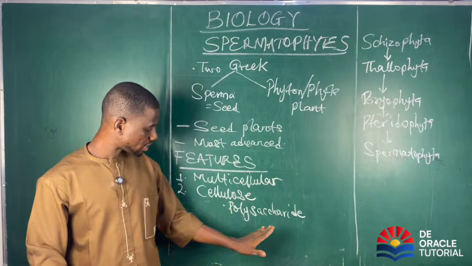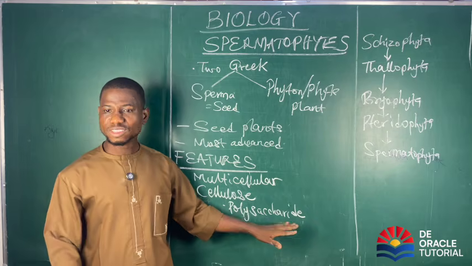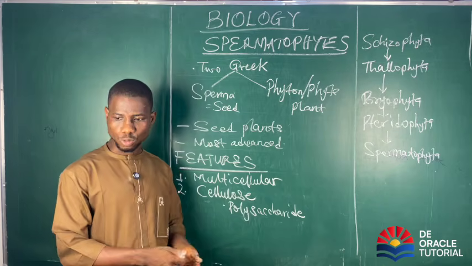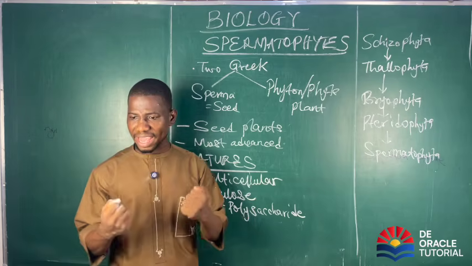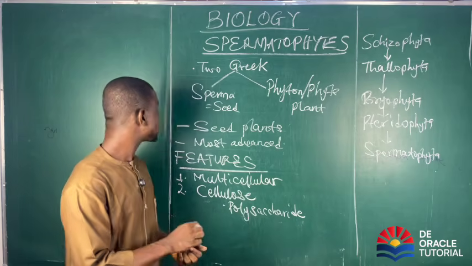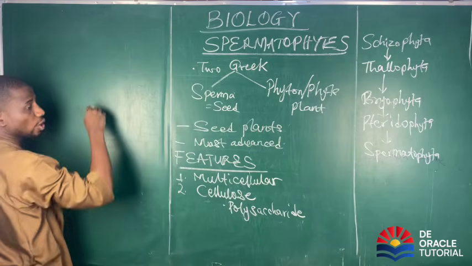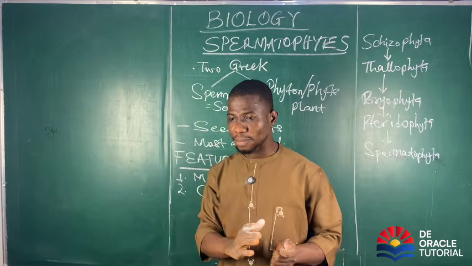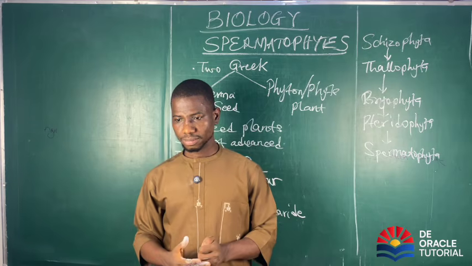Do you get me? So it is a polysaccharide, which means it contains hundreds or thousands of glucose. And these glucose are joined by a bond, and that bond is called glycosidic bond. But this glycosidic bond is between the first carbon and the fourth carbon.